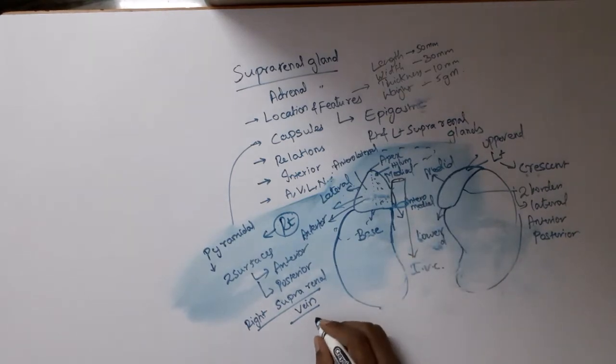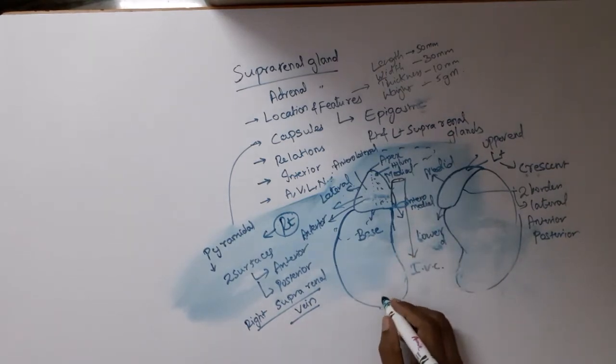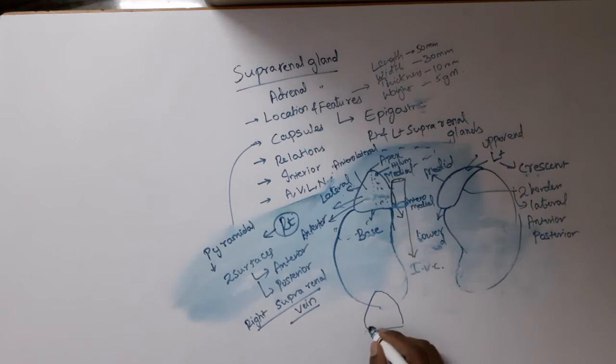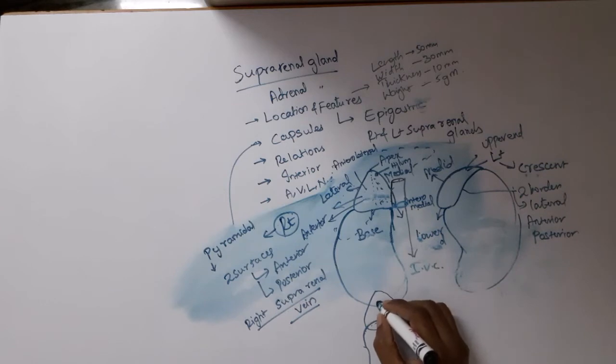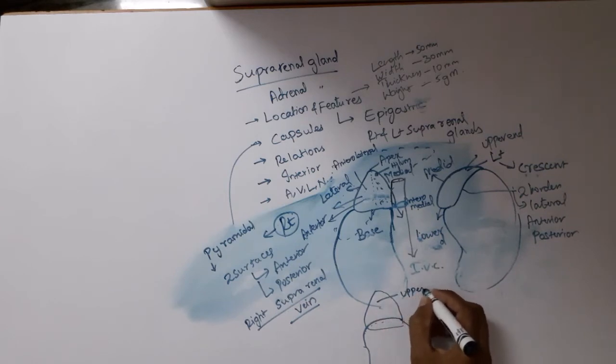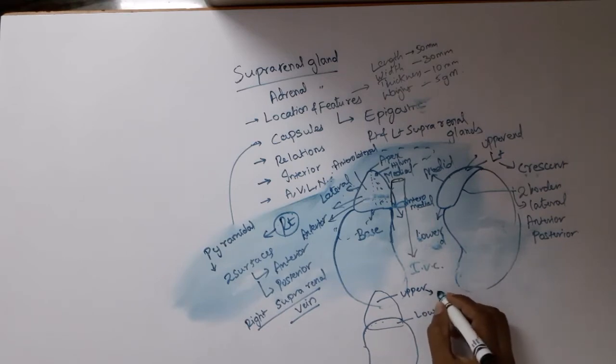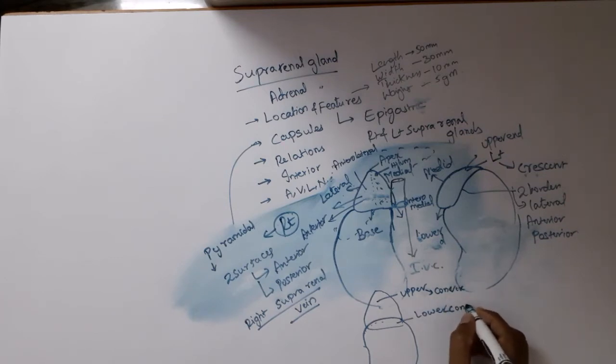Then coming to the posterior surface, how it looks, something like this, if you turn towards the back. The posterior surface is divided into two parts, upper and lower. The upper is somewhat convex and the lower one is concave.